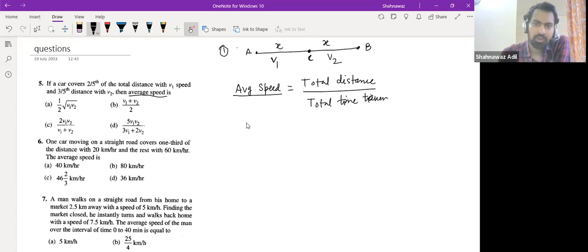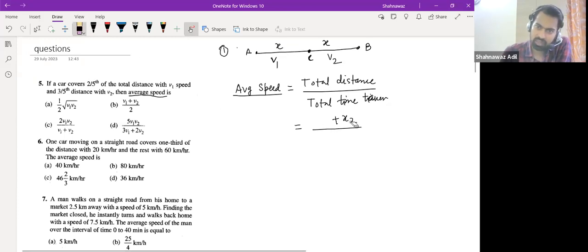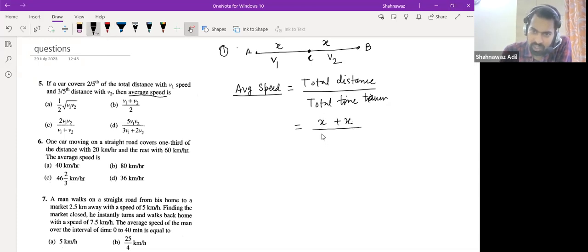So this is distance 1 plus distance 2 divided by total time taken. Now you see that here I have assumed this is x, so let me write x plus x, and total time would be t1 plus t2.